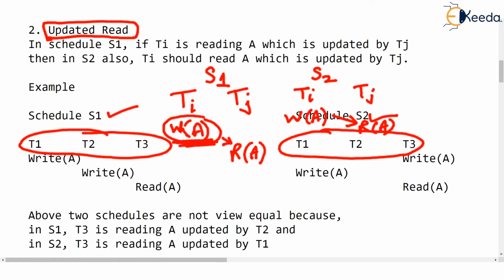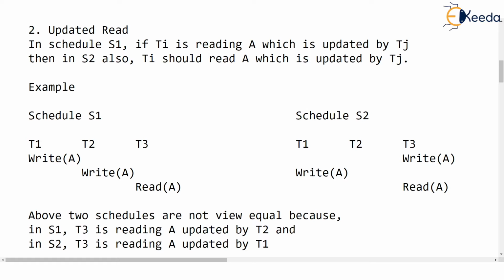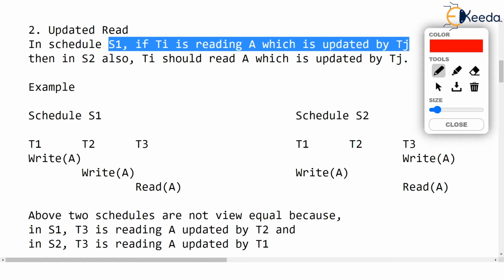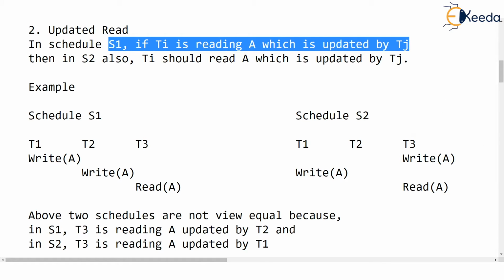As the sentence here shows, in schedule S1, if Ti is reading A which was updated by Tj, just the naming convention has been changed a bit, don't get confused. Suppose this is the transaction Ti with a read A operation, and Tj had updated this A and Ti is reading it.